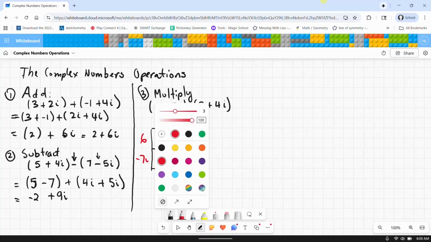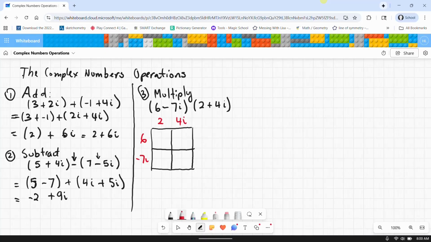Now I'm going to multiply. 6 times 2 is 12. 6 times 4 is 24i. 2 times negative 7 is negative 14i. And then 4 times negative 7 is negative 28, and i times i is i squared.